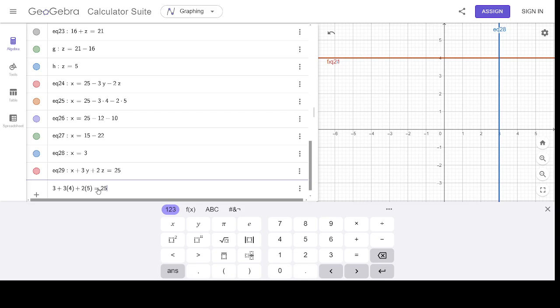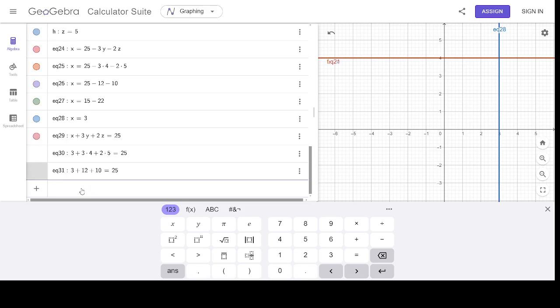If it does not equate to 25, then our values are wrong. So this is 3 plus 3 times 4 is 12, plus 2 times 5 is 10, is equal to 15 plus 10, which is 25.